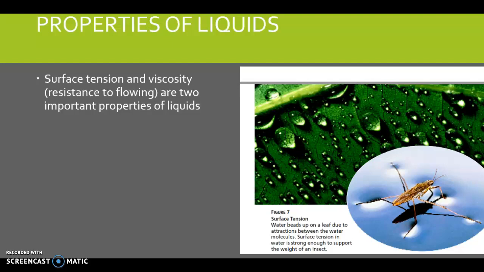The other property is surface tension, which we've worked with before. There's a picture here of this little water strider as it walks on top of water, or how water beads up on leaves. Last year, even in 7th grade, the first little scientific method activity we did dealt with surface tension, where we put drops of water on a penny to see how many we could fit on there.